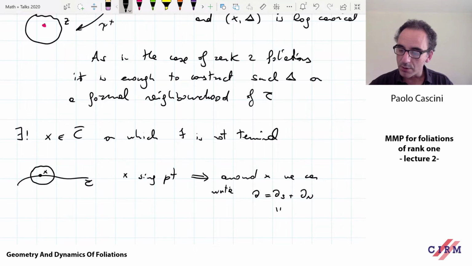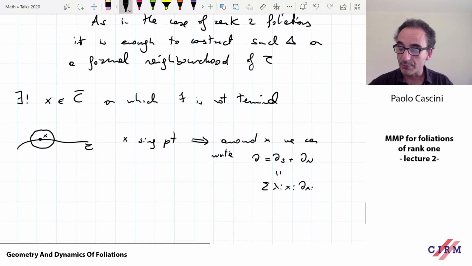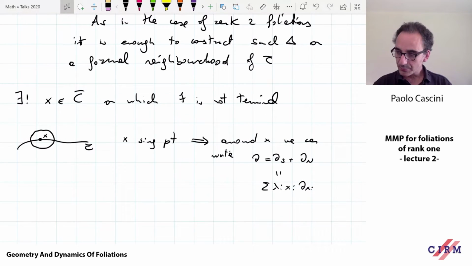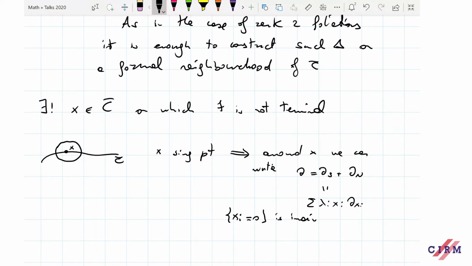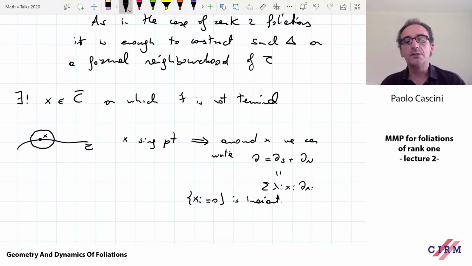Well, delta S was very clearly described by linear algebra by choosing some coordinates on the neighborhood of X. And so for a suitable choice of these coordinates, some of these hypersurfaces will be invariant, and it will be one of the components of delta.